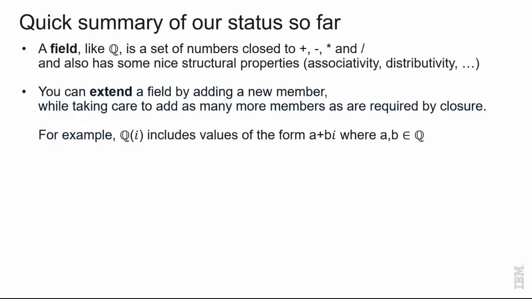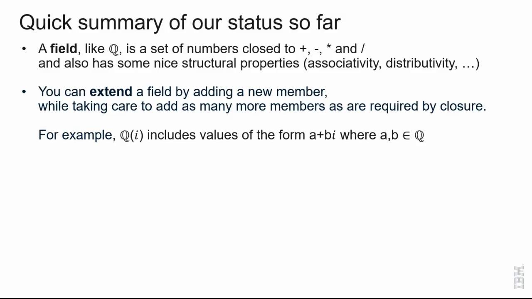Okay, so just a quick breath before we continue. We saw so far that we defined what fields are. It's a collection of numbers, for our case like the rationals, which come with operations like addition and multiplication. And the important property is that they have to be closed under these operations. And they have this structure of properties. You can have commutative, associative, and so on.